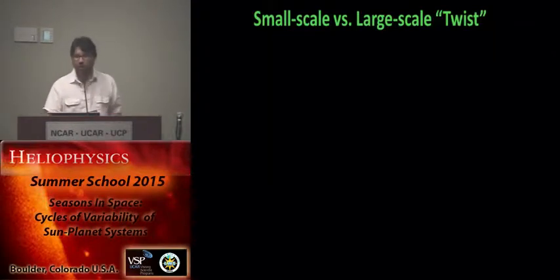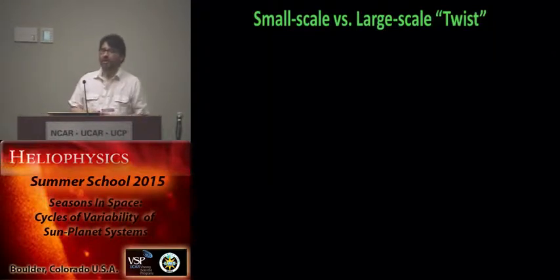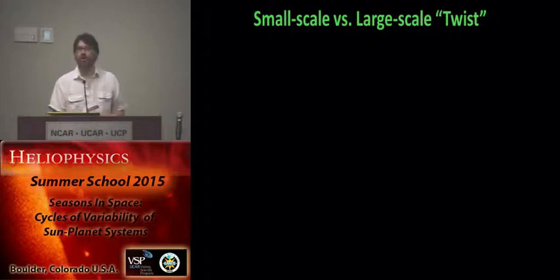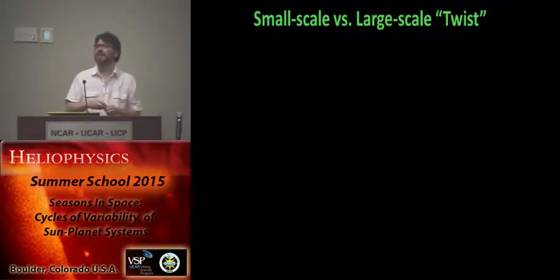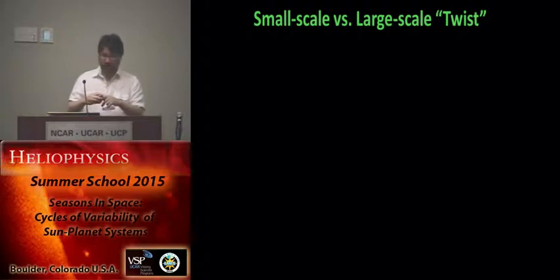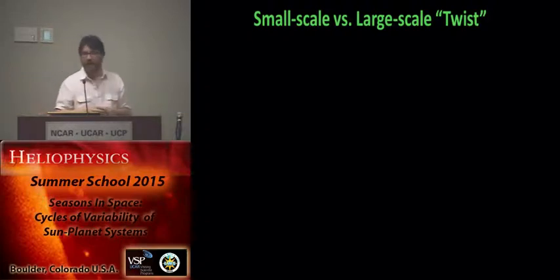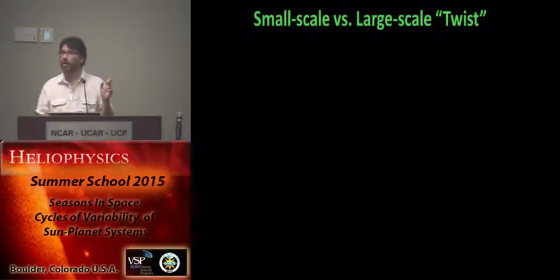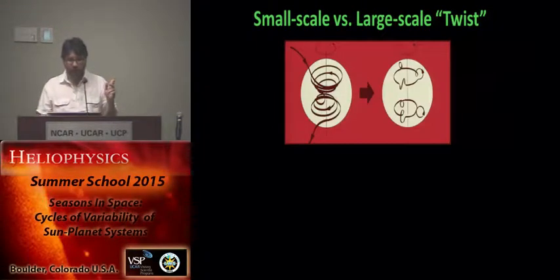Okay, so now try to go back to wrapping it around your finger. Now you can just wrap it around like this. You're doing only one hemisphere, okay? So you can have this kind of twist into the poloidal plane at small scale or large scale, right?